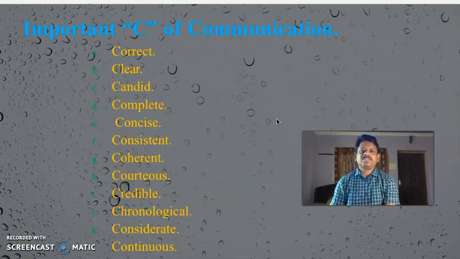If you ensure all these elements, the communication is meaningful and effective and serves the purpose of what you want to communicate, what you want to intimate or inform. The purpose will be served when we ensure that these C's are there in your interaction with others. This is what I want to share in this module.